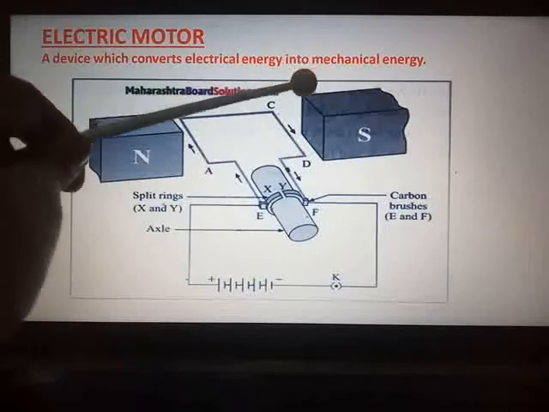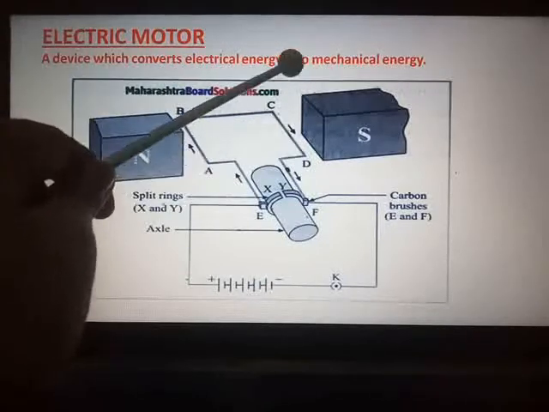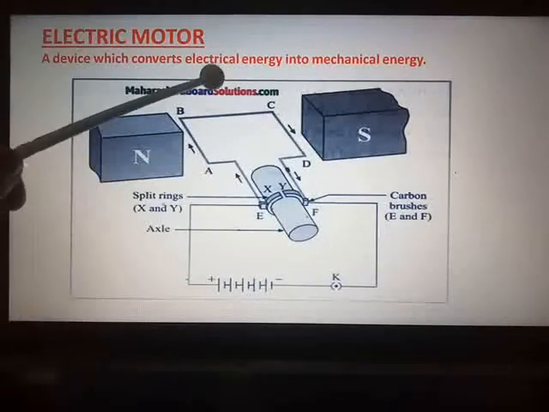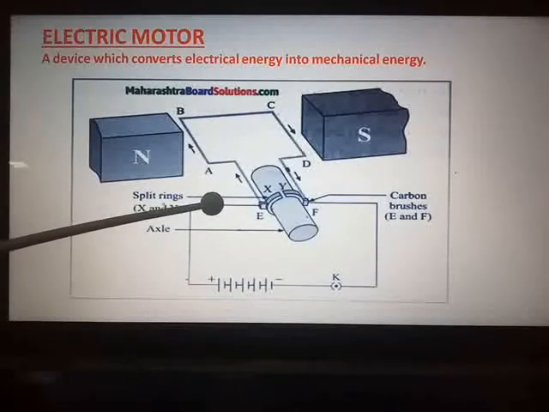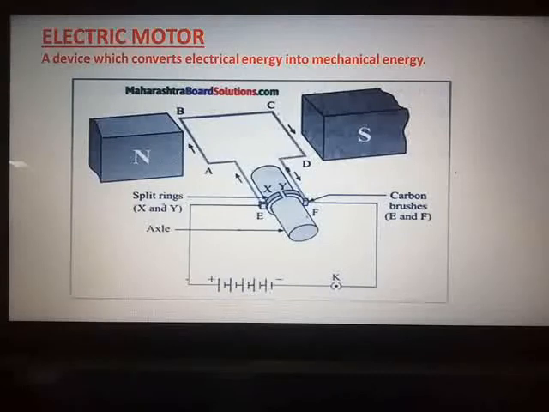Now the force which is exerted on this branch is in the downward direction and branch BA is in the upward direction, and the loop continues to rotate in the anti-clockwise direction, and thus the current in the loop is reversed after every half rotation, and the loop and axle continue to rotate in the anti-clockwise direction.